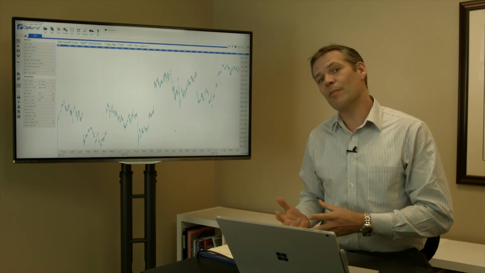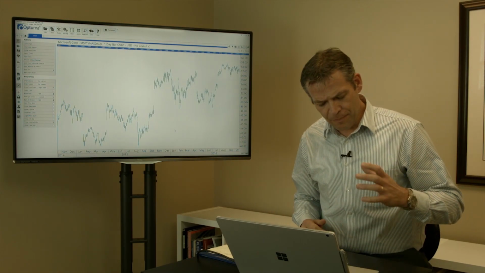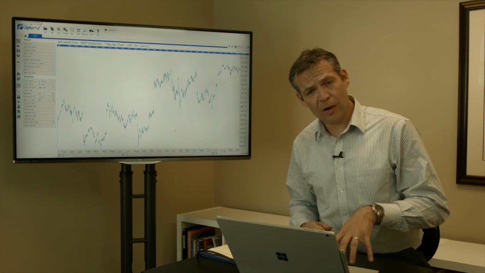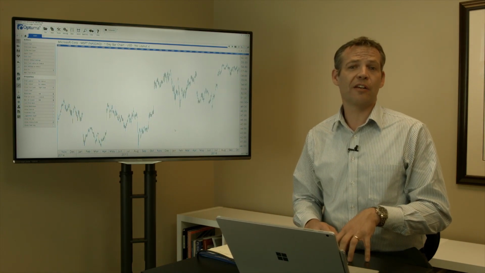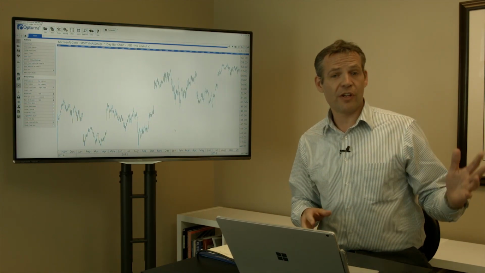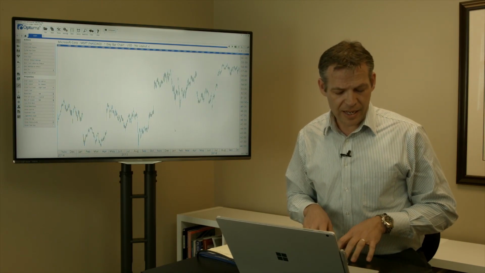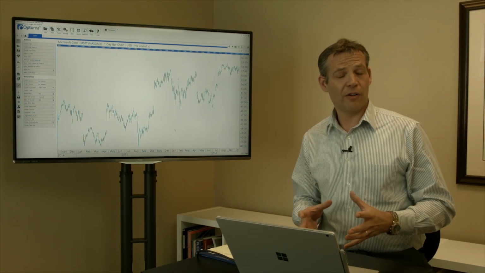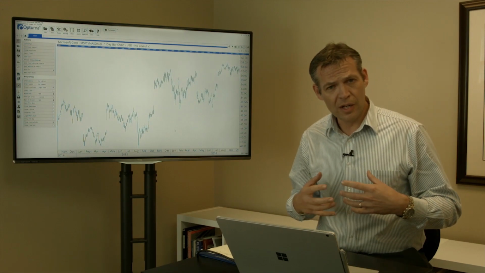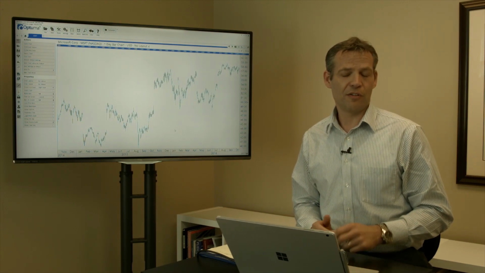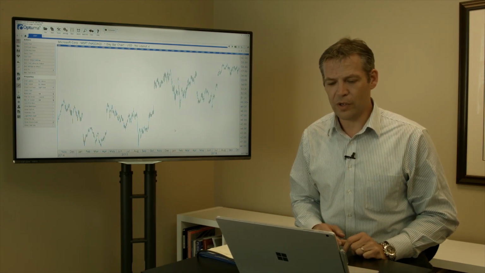The January barometer, for instance, is such that what happens in January on the index gives you an idea of what's going to happen for the rest of the year. And so we really wanted to explore that on a quantitative basis and say, well, does that make sense? And so I'll show you how we did all of that as well.